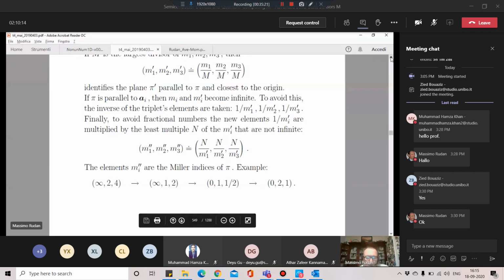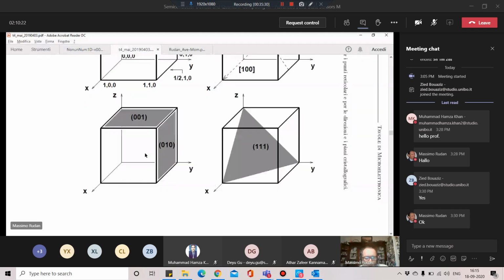For instance, if you play this game for these two planes in gray, the one that is parallel to the xy plane, this crystal plane has the indices 0, 0, 1.